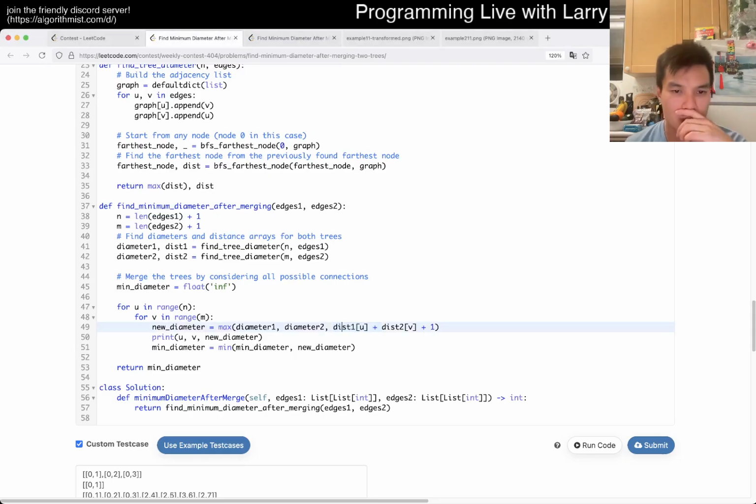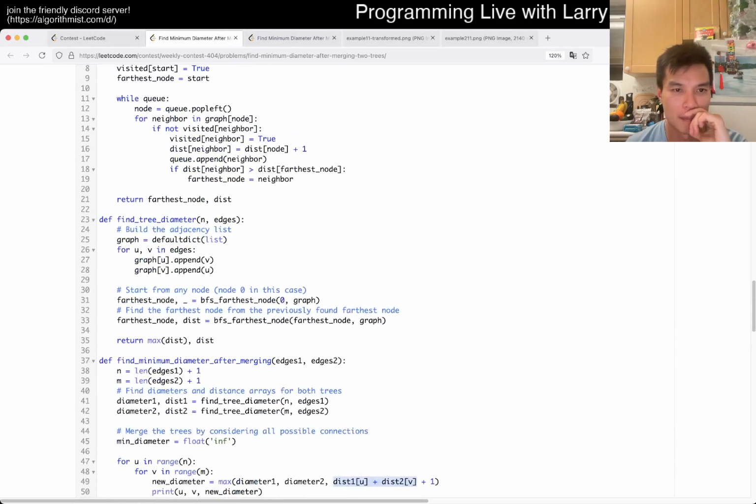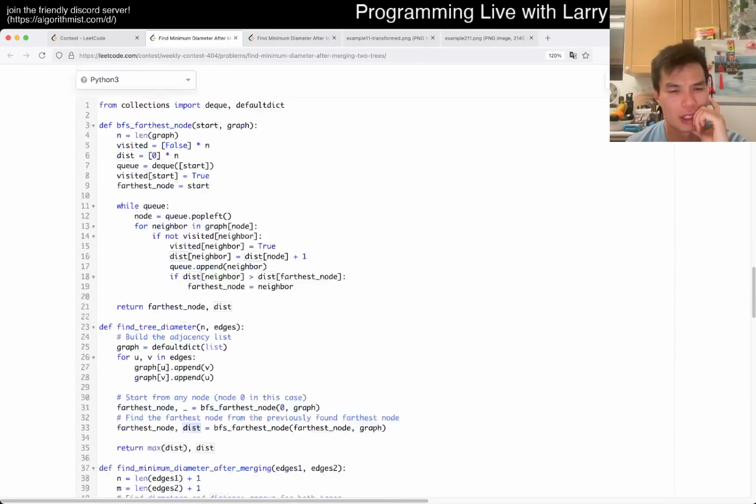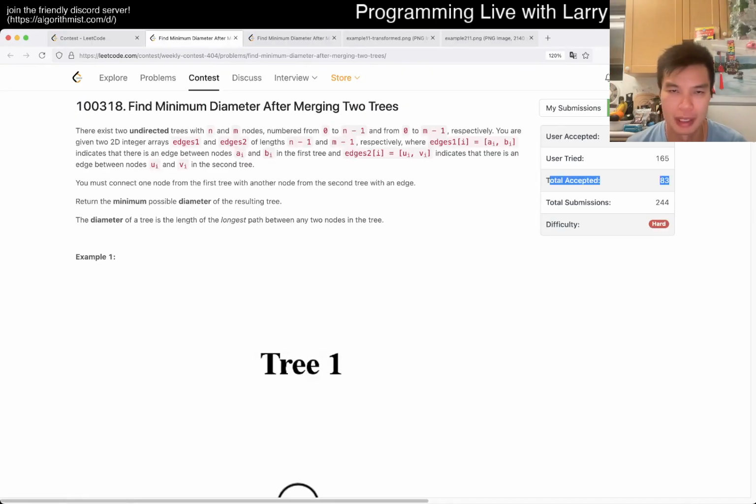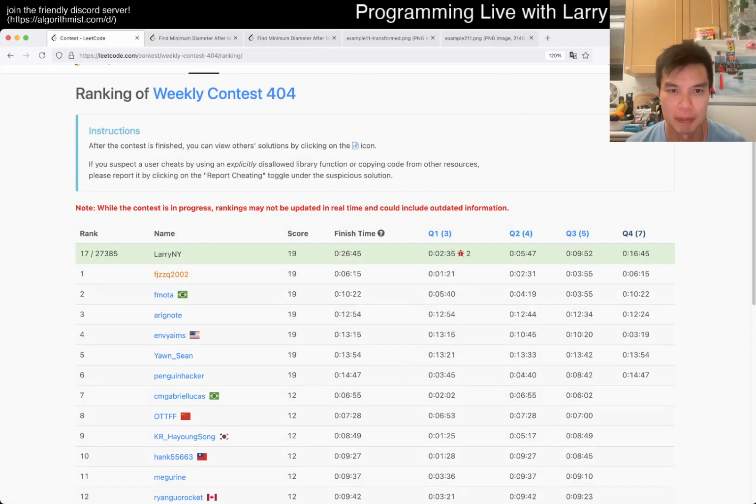I thought this is the distance not from the farthest node, but the farthest distance from this node. So I think this is just wrong, but I don't know. It doesn't really matter. A lot of people getting it, and 10 minutes is such a penalty. And I still have 4 minutes left of penalty, I think.